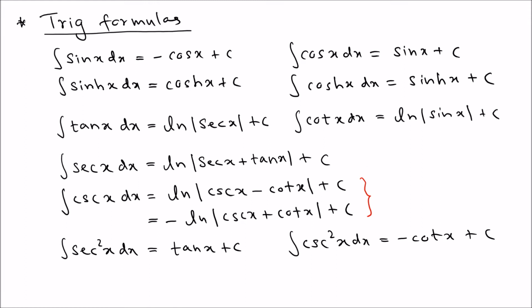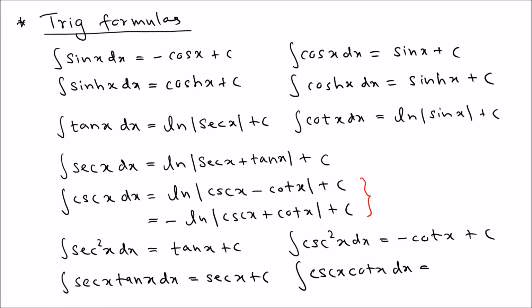We also have these two: secant x times tan x dx, which is the derivative of secant x, so the integral is secant x plus c. And also cosecant x times cotangent x, which is the derivative of negative cosecant x, so the integral is negative cosecant x plus c.